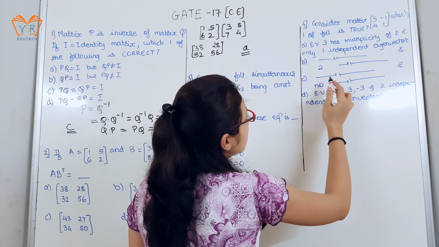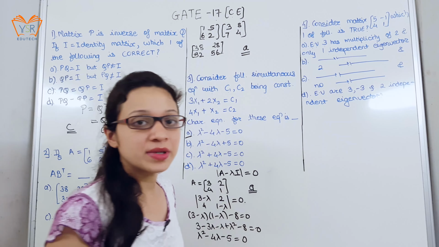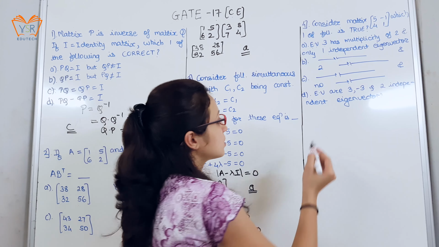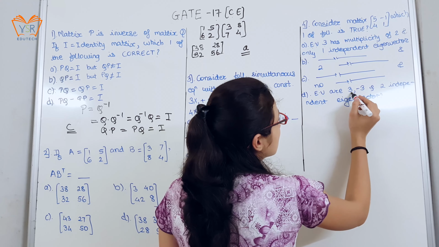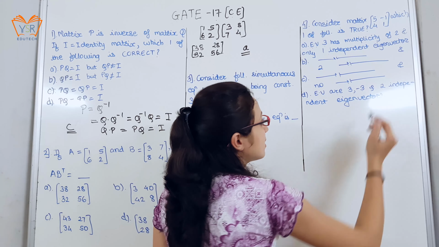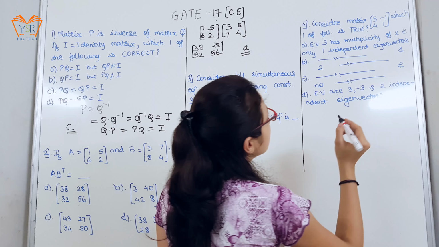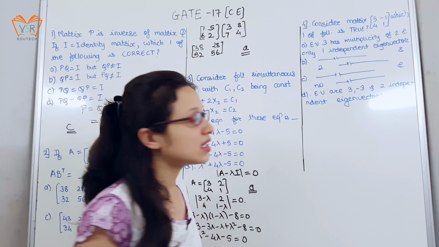C, eigenvalue 3 has multiplicity of 2 and no independent eigenvectors. And the last option, eigenvalues are 3 and minus 3 and two independent eigenvectors.